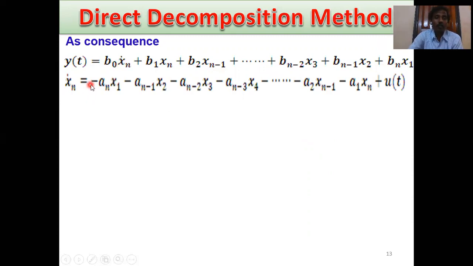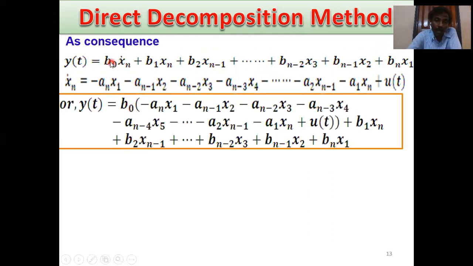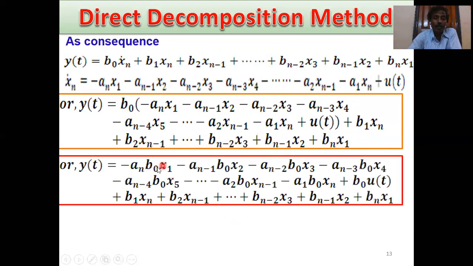Put here xn dot equals minus a n x1 minus a n minus 1 x2 dot dot dot plus u of t. So b0 into xn dot equals this equation: minus an x1 minus an minus 1 x2 minus an minus 2 x3 dot dot dot plus u of t, and the other values are the same, b1 xn plus b2 xn minus 1 plus dot dot dot bn x1.